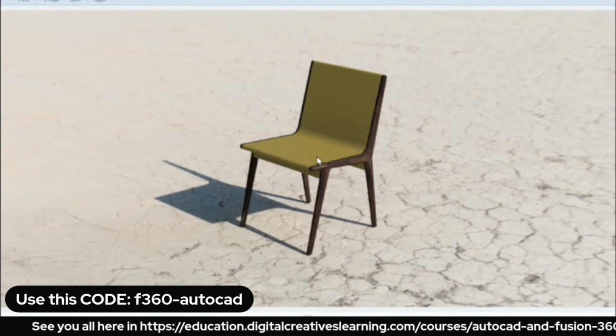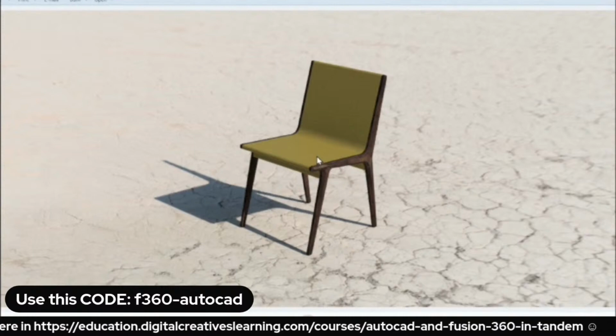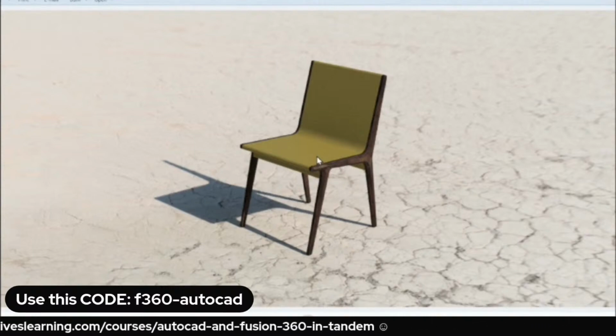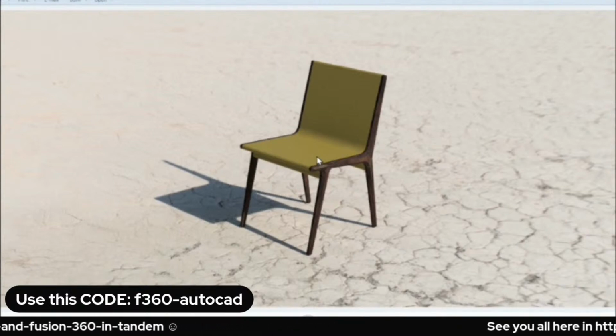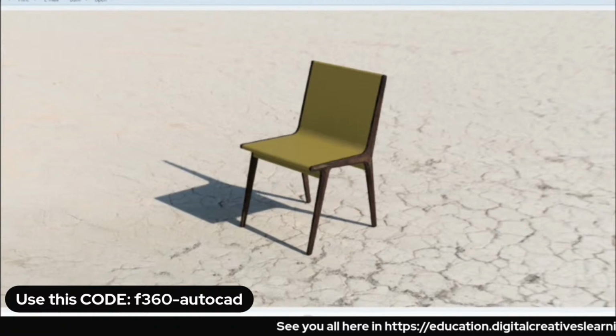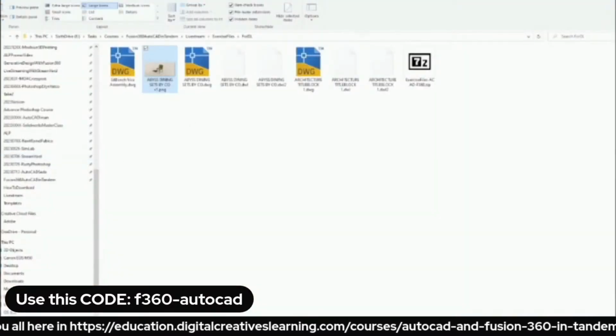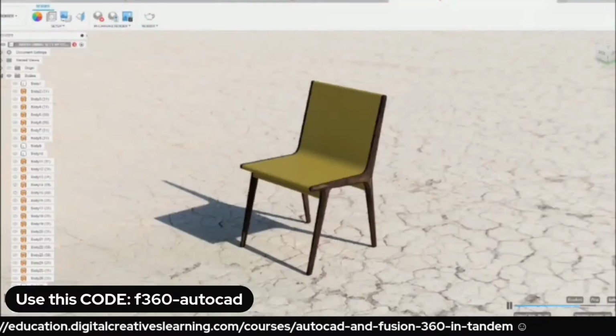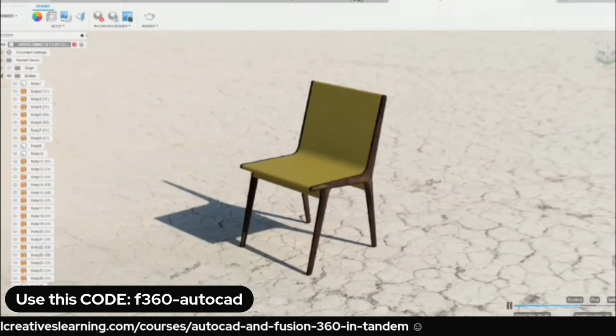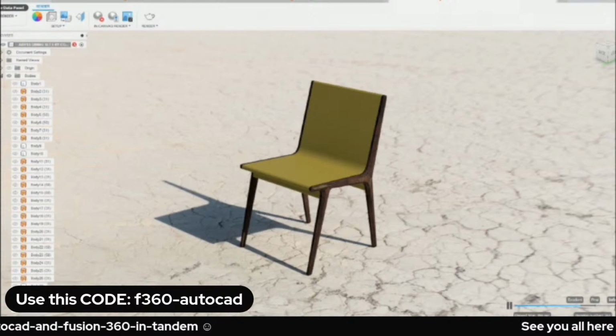So again, it's one of the advantages of working with AutoCAD, bringing your AutoCAD 3D file into Fusion 360. So again, feel free to tinker around with that file and definitely your own file. So going back, I'm going to head over to our data panel.